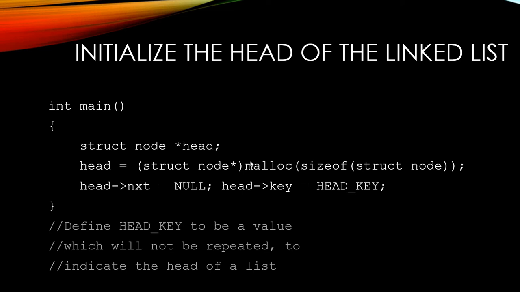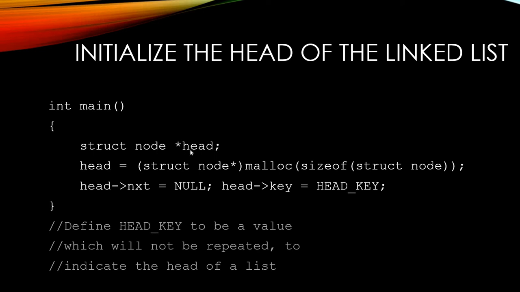Then we'll allocate memory. As you can see, we have used the function malloc here. Let's see what's written here. This is the type conversion. We are converting whatever memory we're allocating to a struct node pointer type, because we're assigning that memory to this head, and this head is a structure node pointer, right?